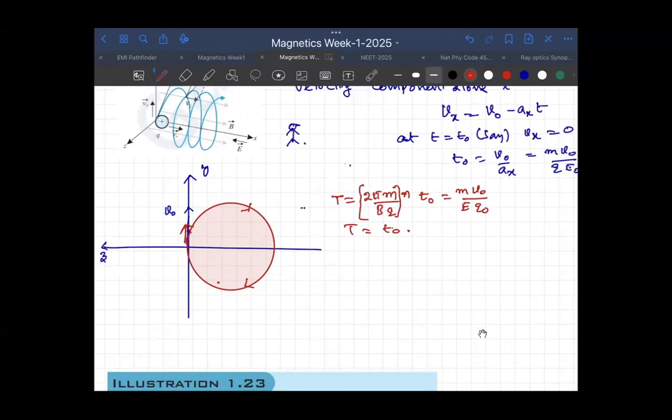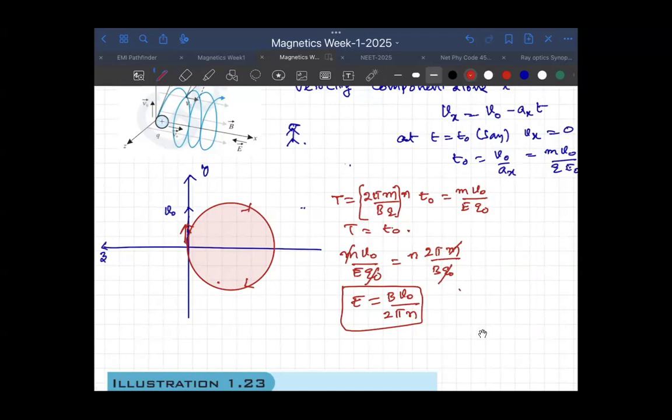So therefore, mv naught by eq naught is n times 2 pi m by bq naught. Cancel. So E by B is v naught by 2 pi m.